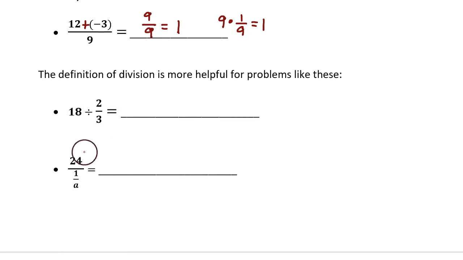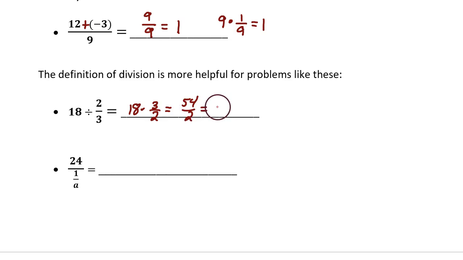problems. Take a look at these examples. 18 divided by 2/3. Now it's not so easy to do mentally. Let's apply the definition. This is equal to 18 times the reciprocal of 2/3, which is 3/2. And now we can do this multiplying problem. 18 times 3 is 54 halves.